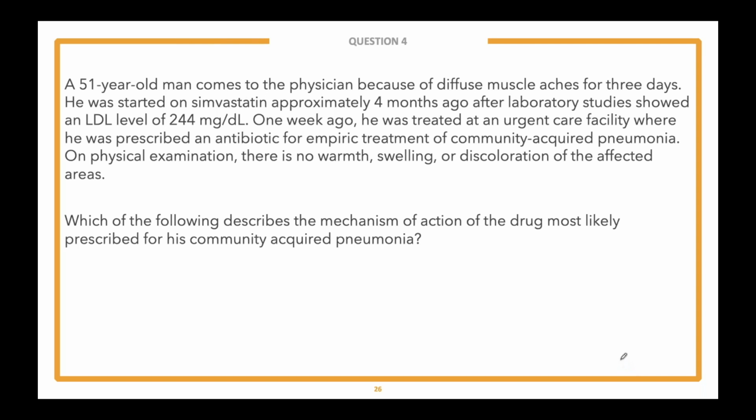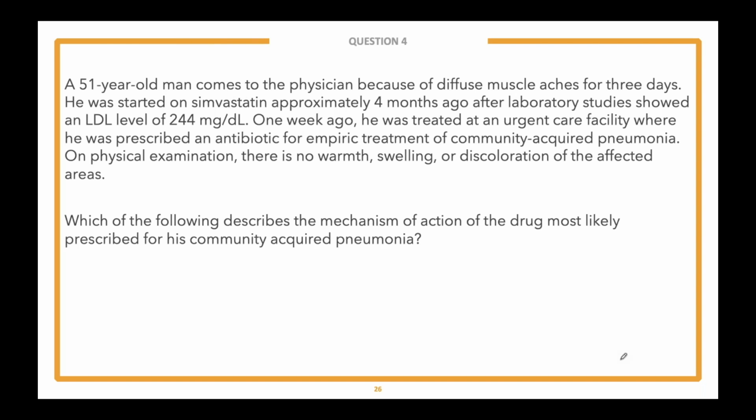Excellent, we see some responses coming in, and Ari will go over those steps with you here in a moment. Let's go ahead and read this question stem. A 51-year-old man comes to the physician because of diffuse muscle aches for 3 days. He was started on simvastatin approximately 4 months ago after laboratory studies showed an LDL level of 244. 1 week ago, he was treated at an urgent care facility where he was prescribed an antibiotic for empiric treatment of community-acquired pneumonia.